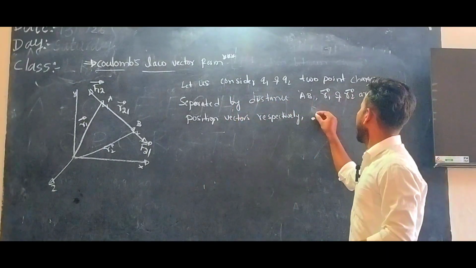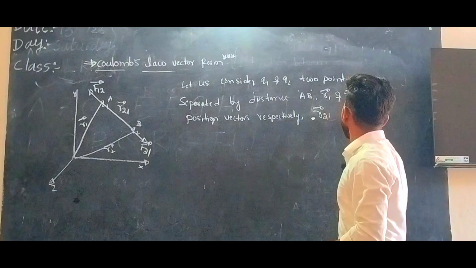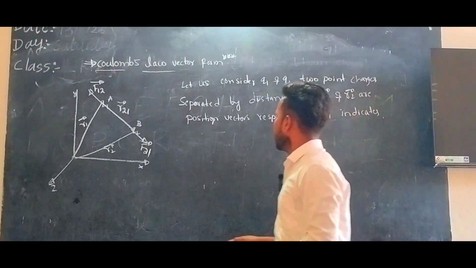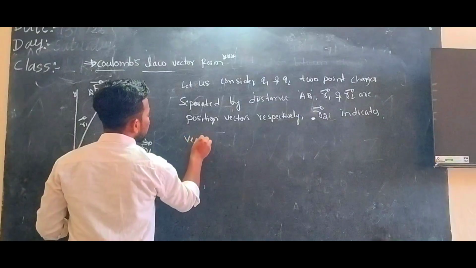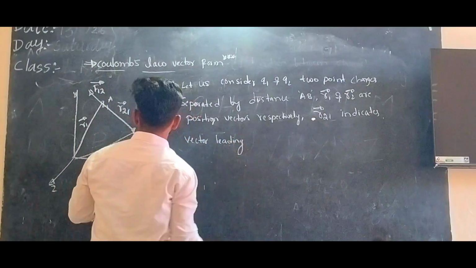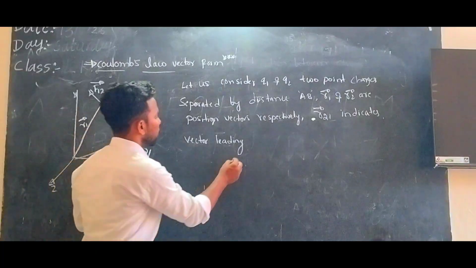Here vector R21 indicates the vector leading from q1 to q2.